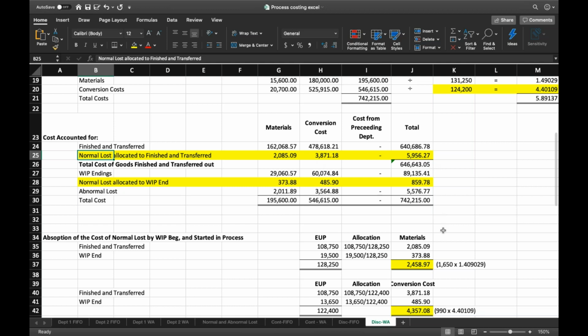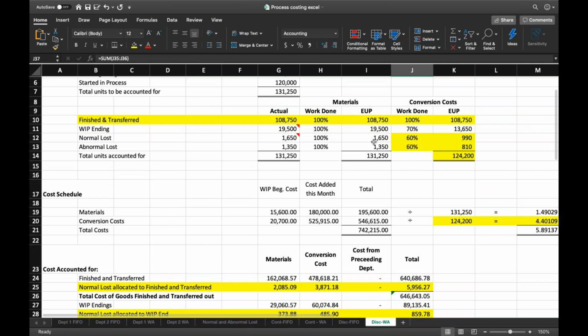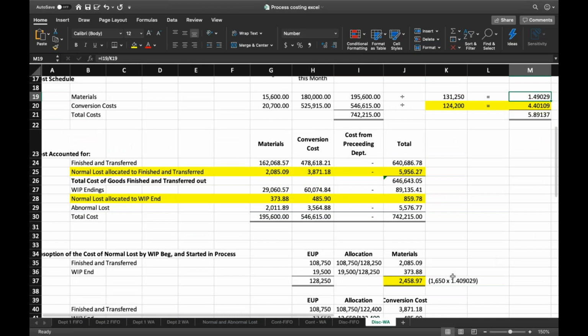So those that share in the material cost are finish and transferred and work in process end. That is 1,650 times 1.49 equals 2,458.97. Then let's allocate to finish and transferred and work in process end. 2085, 2085.